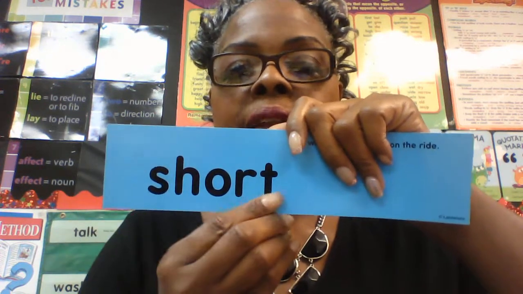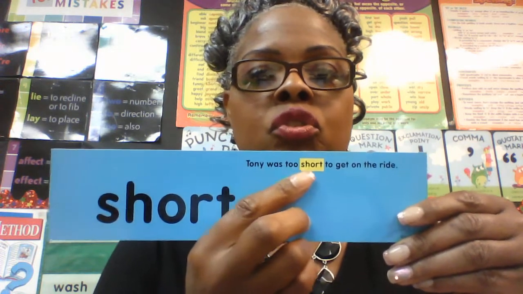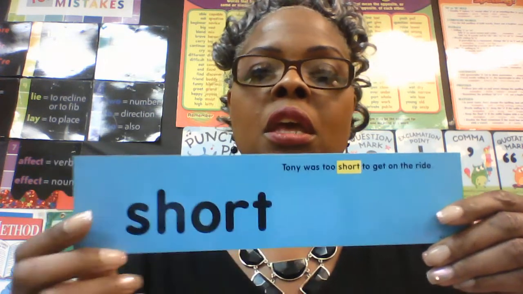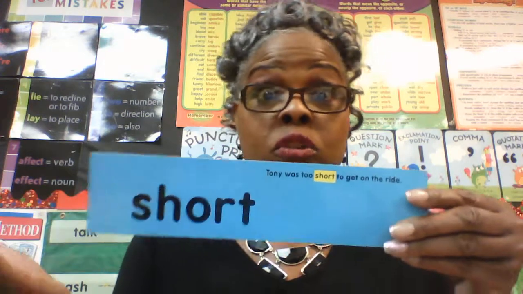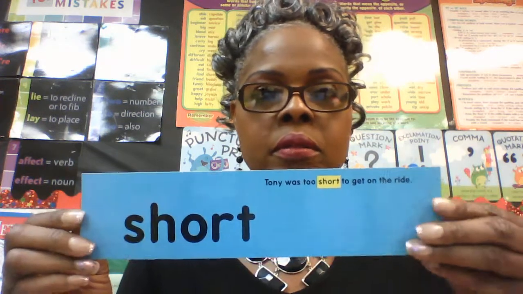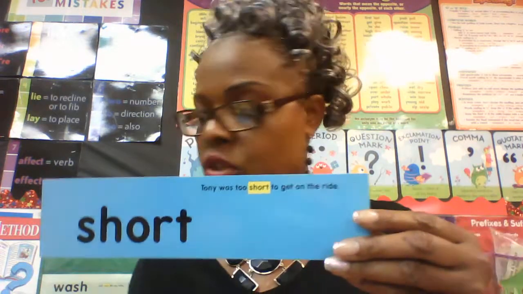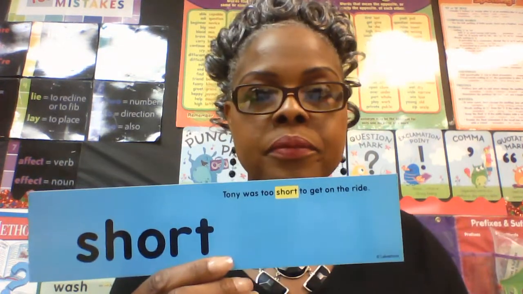So you will add suffix ER onto short. Here's an example. Tony was too short to get on the ride. So an example sentence would be, Tony was shorter than his brother. Don't forget that word than. Tony was shorter than his brother.